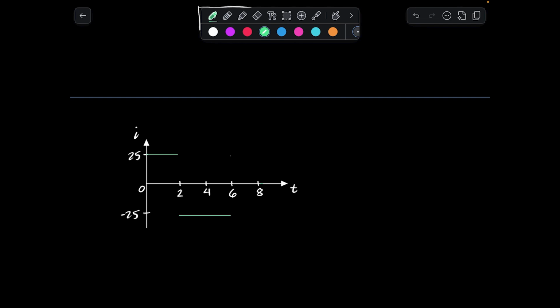And then between 6 seconds and 8 seconds, we go back to current being 25 amps right here. And so we can connect these equations. Okay. And here we have our answer.